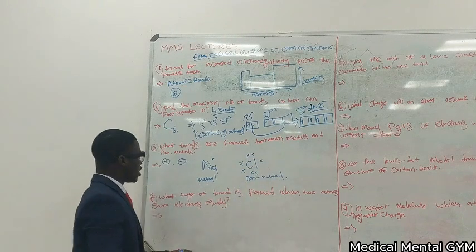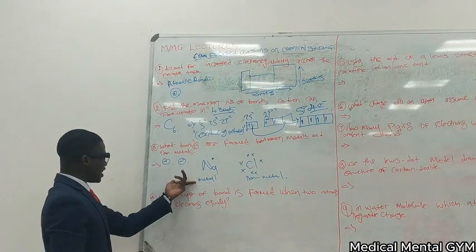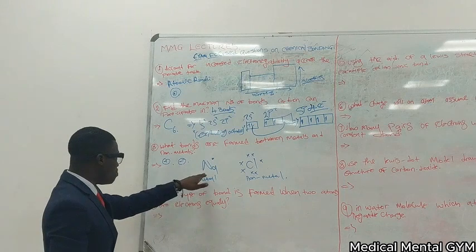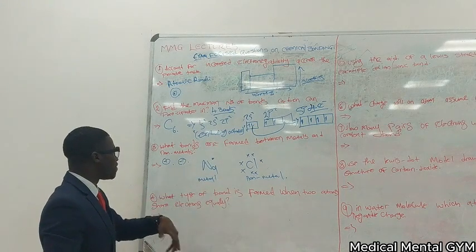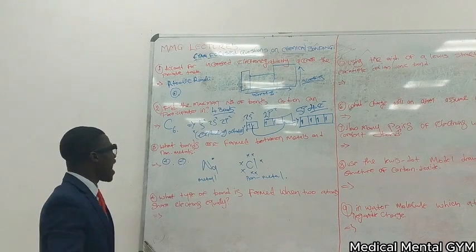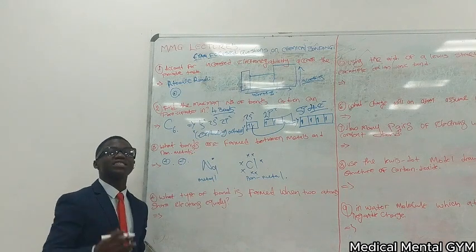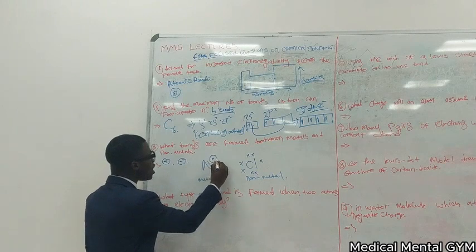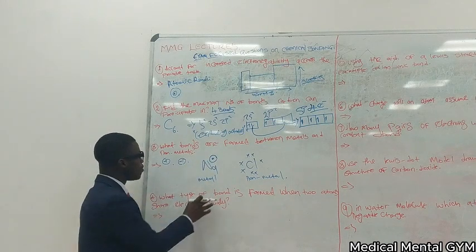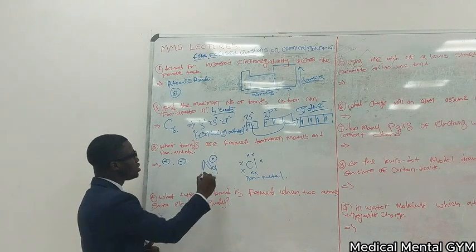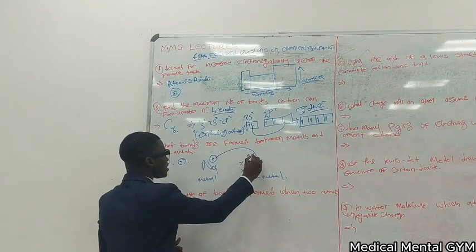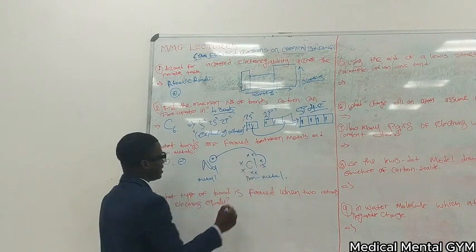The bonding that will occur between this metal and non-metal has to be facilitated by an exothermic transfer of this 1 electron from this metal, because it can lose this electron to attain stability.